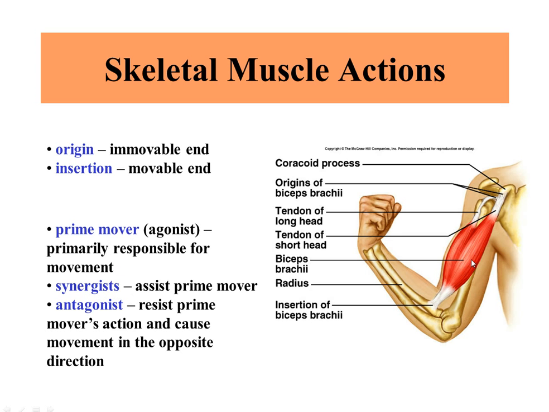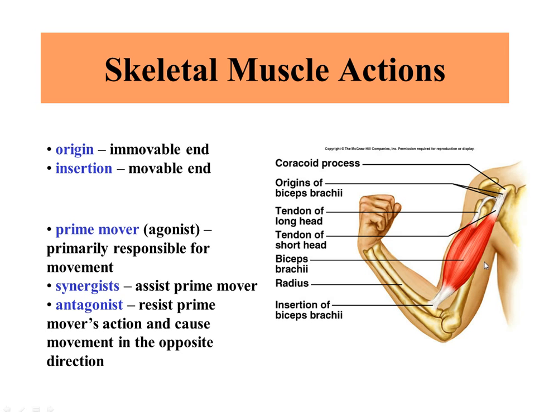Now, this is the biceps, and remember back here would be the triceps. When you are flexing your elbow, now reviewing movements in joints, flexion would bring this insertion closer to the origin. It would bring this fist closer to the body. This would be flexion, bending that elbow. Flexion happens as a result of the action of the biceps brachii.